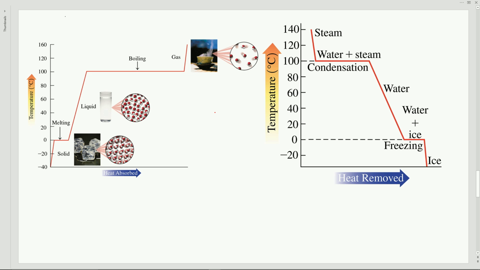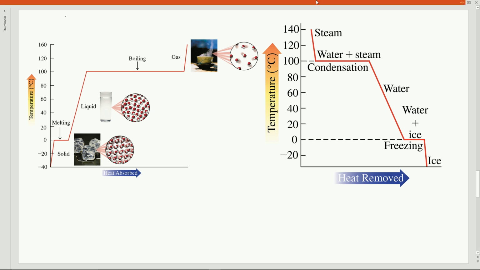So then we get our steam or water vapor, and as our temperature increases, the temperature of the gas increases. So that's why our heating curve keeps going up there. Heat absorbed is on our x-axis and temperature is on our y-axis.